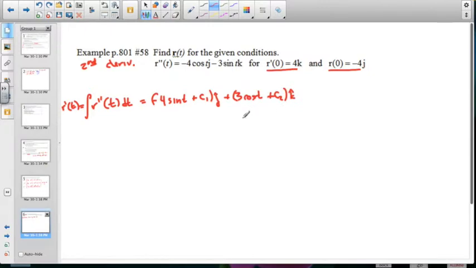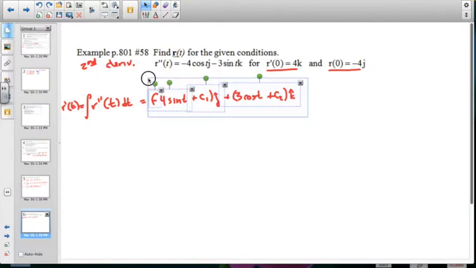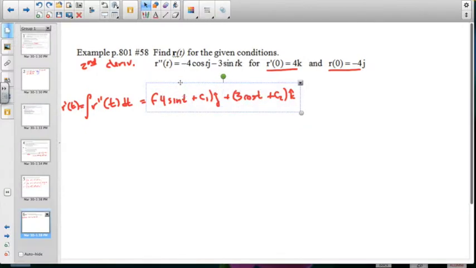When we integrate, I kind of glossed over this, but let me see if I can move all this over. Okay, really when I integrated, what I didn't say, and let me squeeze it in here, is that we have a j component and a k component, but before the j component we really have a 0i component.